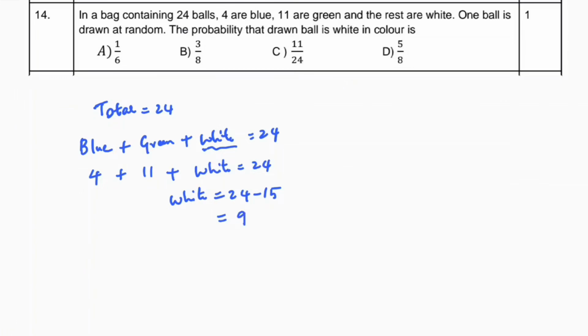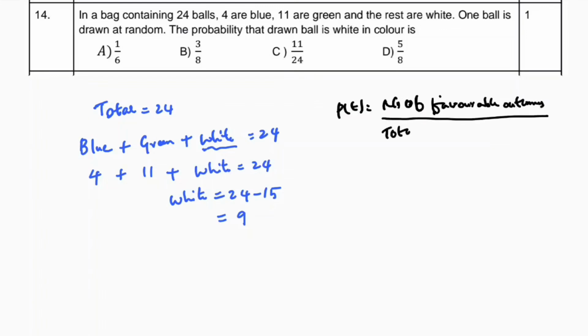Now we need to find the probability of getting a white ball. So the probability of an event formula is number of favorable outcomes by total number of outcomes. So here the number of favorable outcomes is white color.